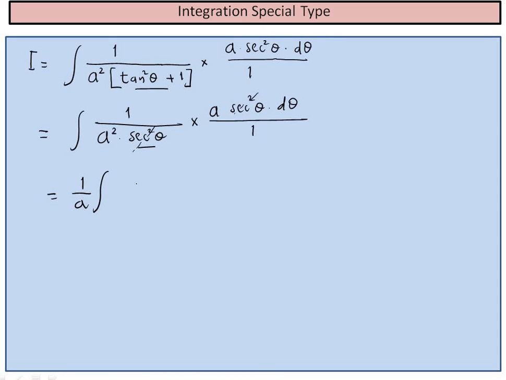Inside क्या बच गया? कुछ नहीं, मतलब 1 तो बच गया, 1 d theta.